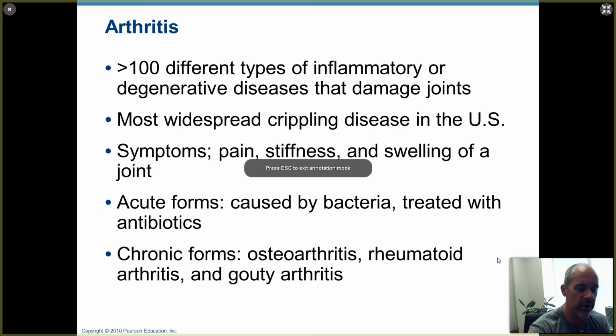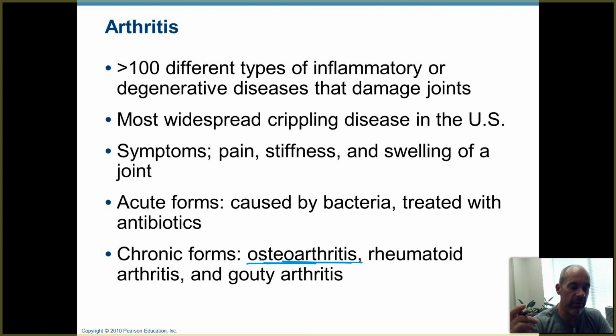Okay, so osteoarthritis, osteo referring to bones. Literally, this is the type of arthritis that occurs due to wear and tear. As you get older and the articular cartilages at your synovial joints wear down and get thinner and thinner, and maybe you're not producing as much synovial fluid anymore, you can start to have bones rubbing up against bones, and that damages the two bones at the joint.